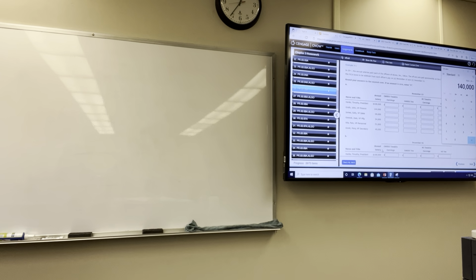All right, so he was at 140,000. This pay is going to put him over that 142.8. So only the amount that gets him up to 142.8 is going to be subject to Social Security tax. All of his current salary, though, is going to be subject to Medicare tax.